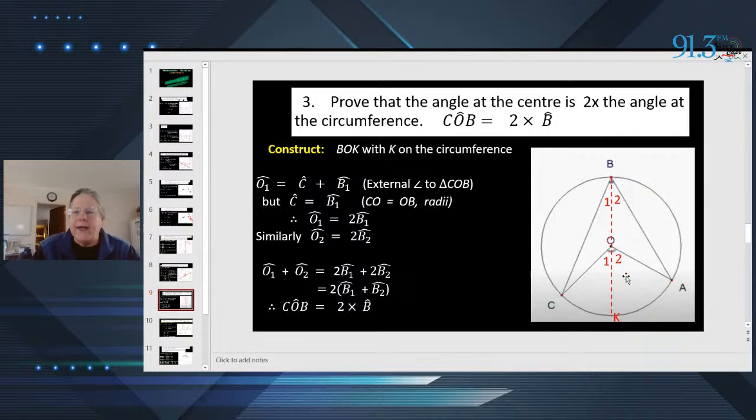Then we number our angles to make life easy because we're interested in COB. Oh, yes, something not right. It should say COA.